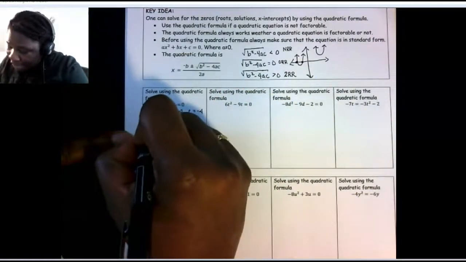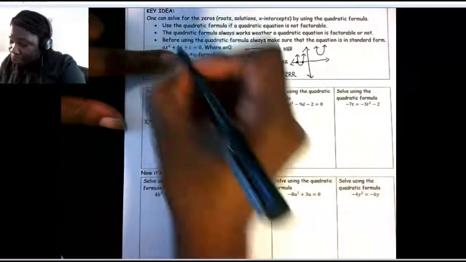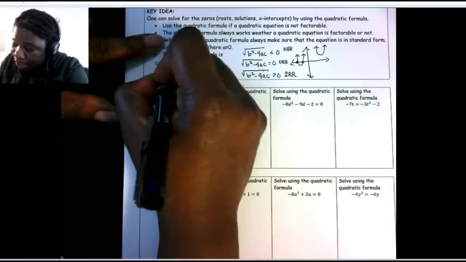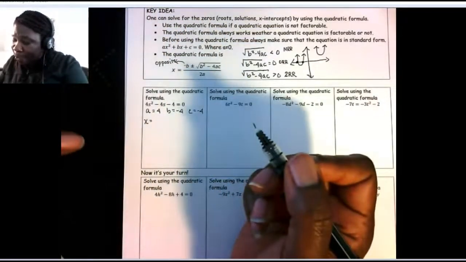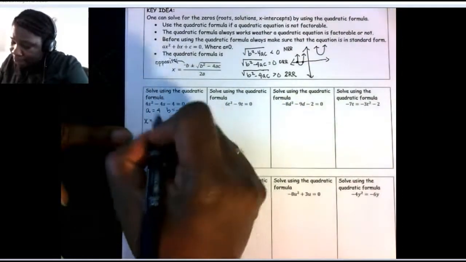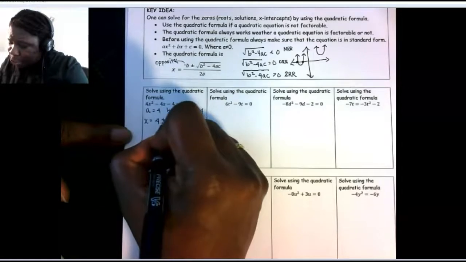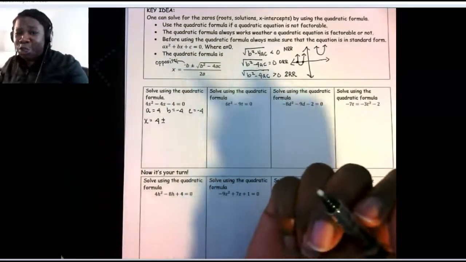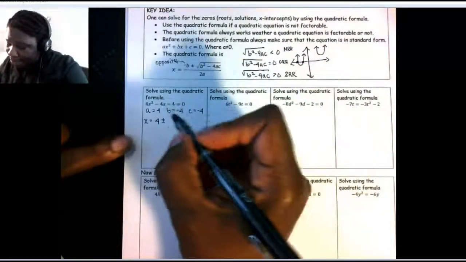So we have x is equal to the opposite of the b term. Remember that. Just like when we were using the axis of symmetry, we always said the b term was opposite of what we saw. So opposite of the b term is 4. Now this plus or minus is telling us we're going to have two roots. So at the end, you'll see why we have to have a plus or a minus.